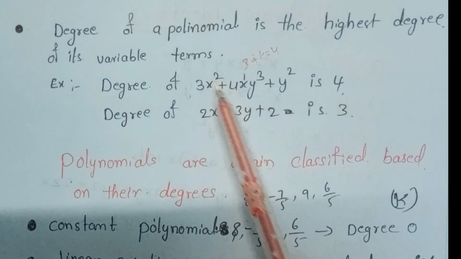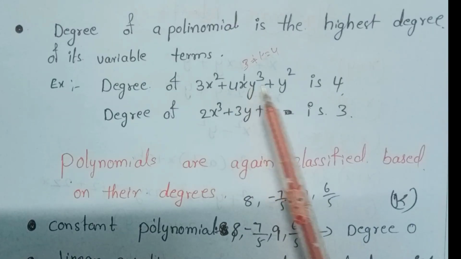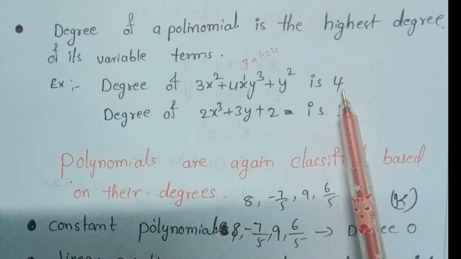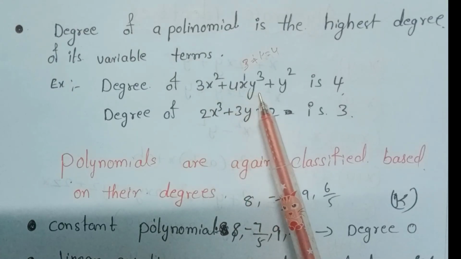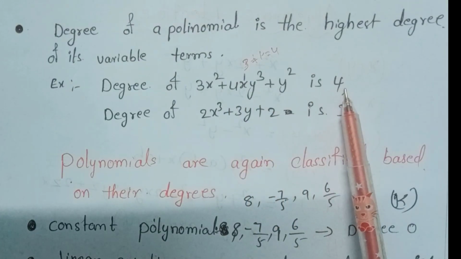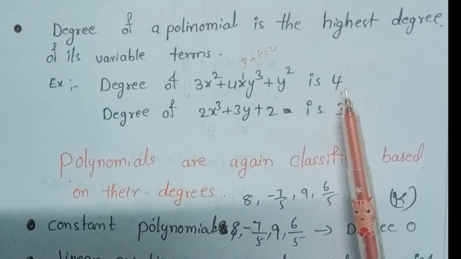Here power 2, here power 4. This is the highest power, so this is the degree. Degree of 3x square plus 4xy cube plus y square is 4. Highest degree is 4. Highest power is 4.